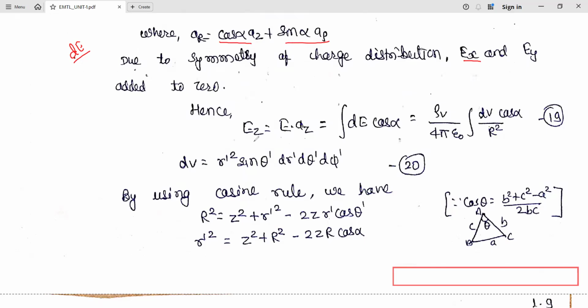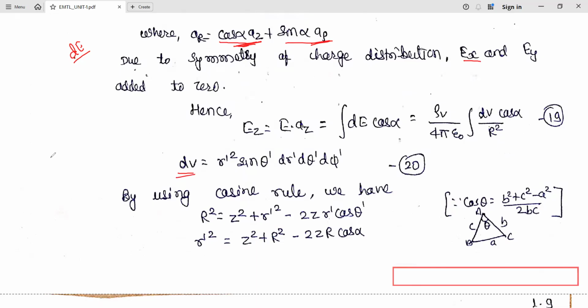So finally, the electric field intensity at point P due to that differential volume is the integral of dE cos alpha, because we have only the component along the z axis. Now we substitute the value: rho v by 4 pi epsilon naught, integral of dv cos alpha by r square, where dv is the differential volume.